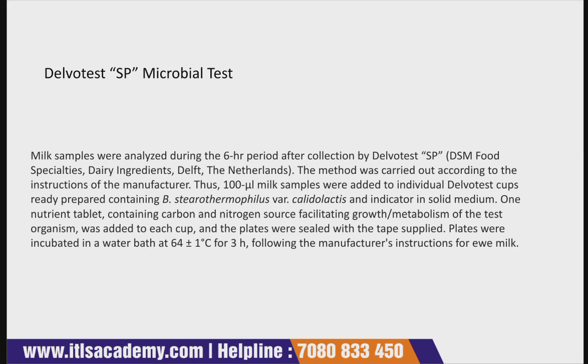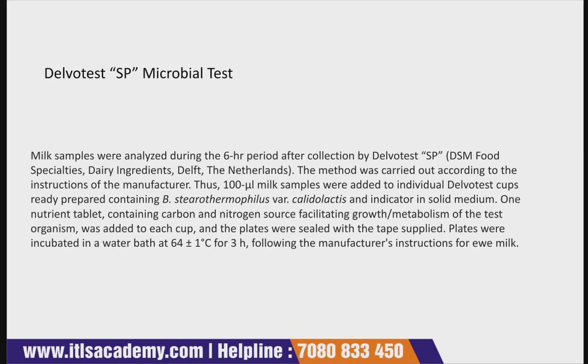It is a kit from the Netherlands, I am just taking an example. The method was carried out according to the instructions of the manufacturer, so according to the instructions the method was carried out.